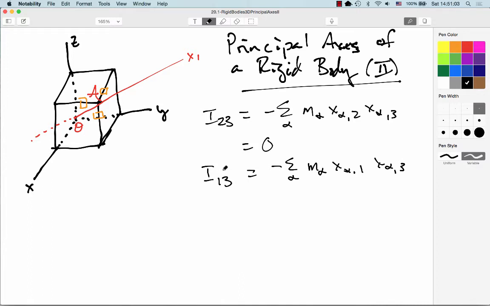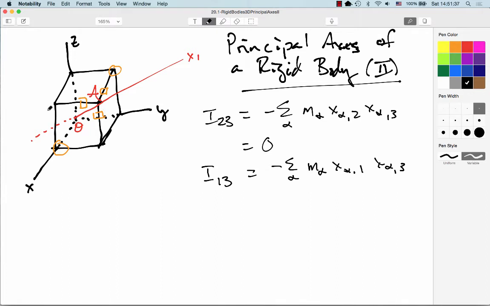Here with the 1, 3, the x alpha 1s are always positive, but even here, if I look at strategically chosen pairs of points, like say this point here and this point here that I've circled, you'll get opposite values of x3.